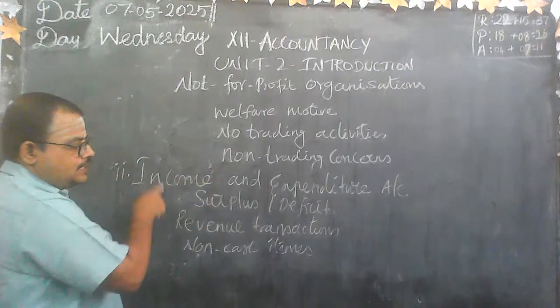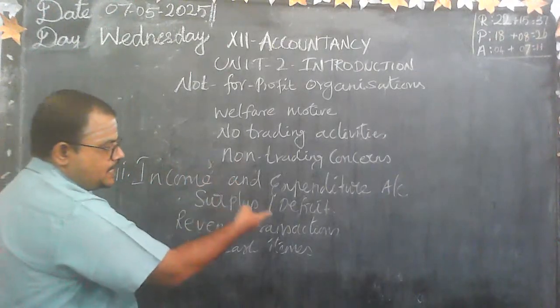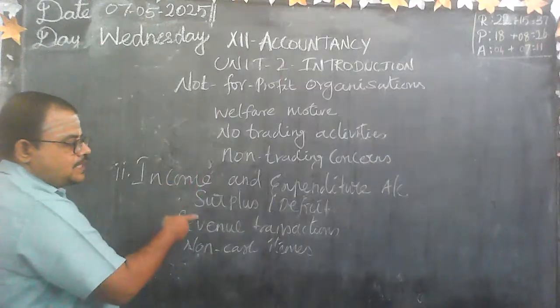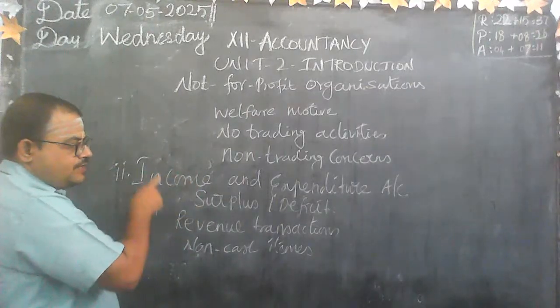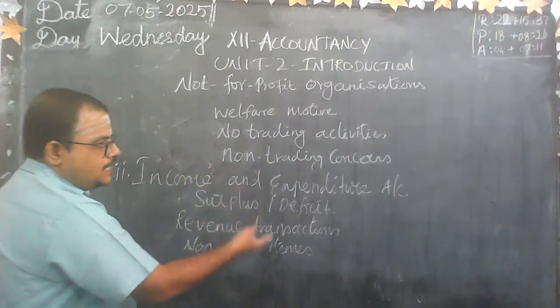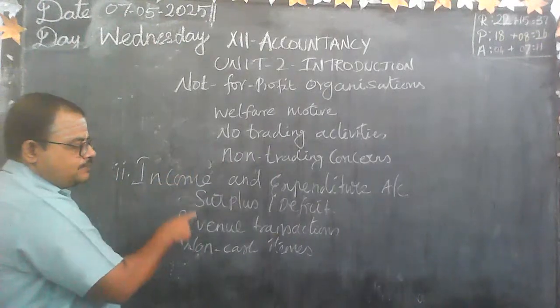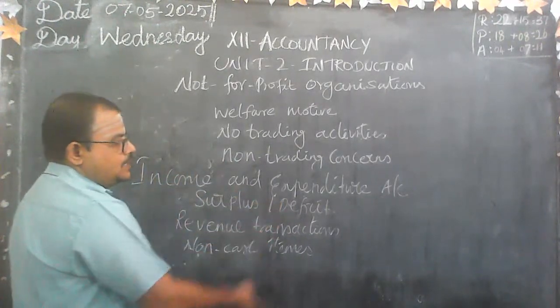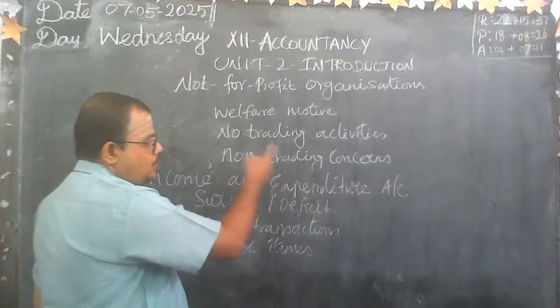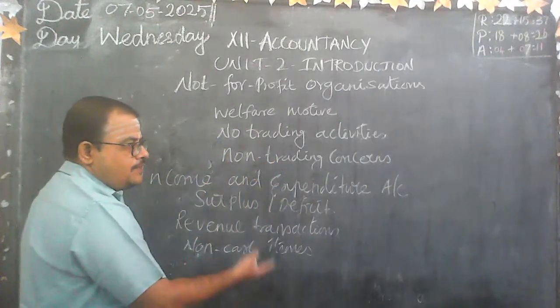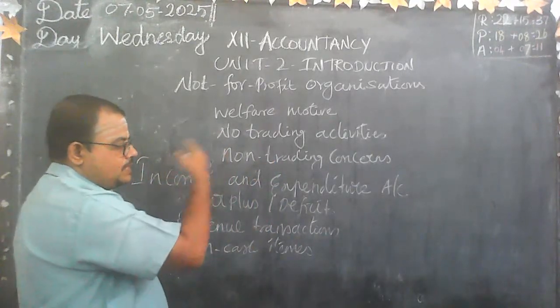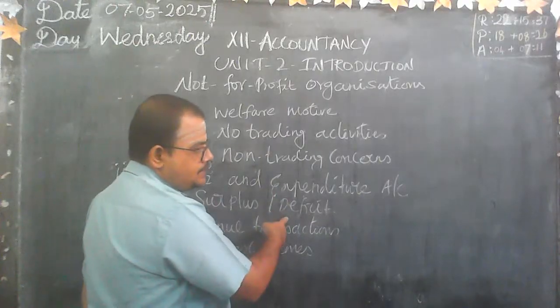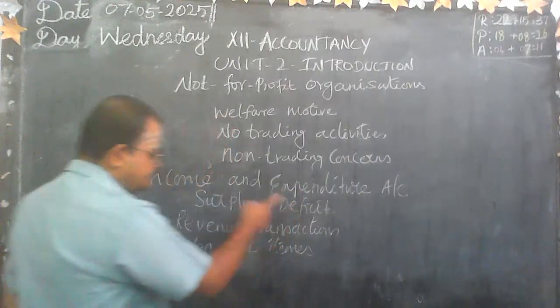The excess of income over the expenditure is treated as surplus. What do you mean by deficit? Deficit means the excess of expenditure over the income.